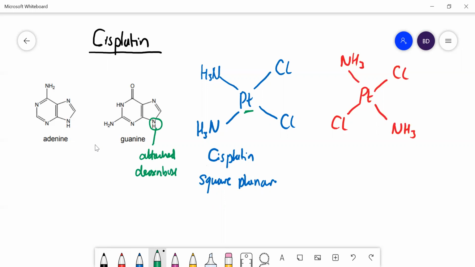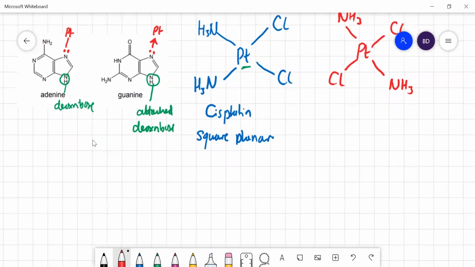Adenine I've put here as well because it does bind. It will bind to adenine to some extent, but not as well as guanine. So that's where it's attached to the deoxyribose. And it's this nitrogen here and this one here, the lone pair on that. So I'll draw the lone pairs on them. They can form the dative bond to the platinum in the cisplatin complex ion.